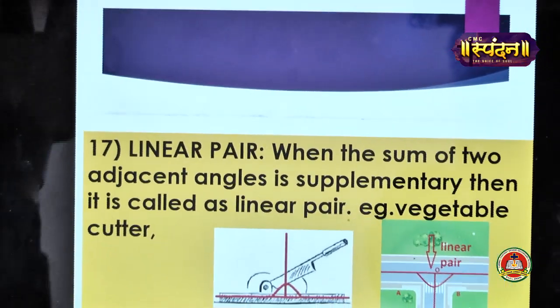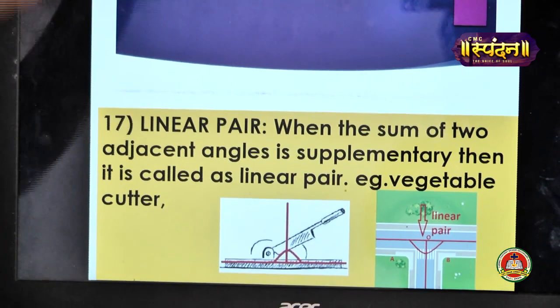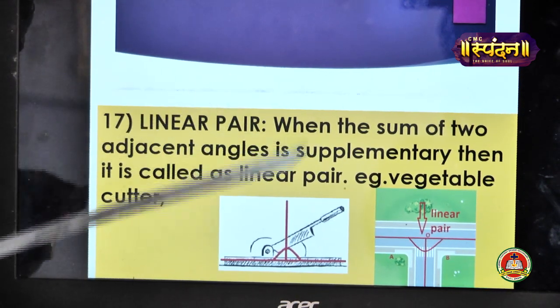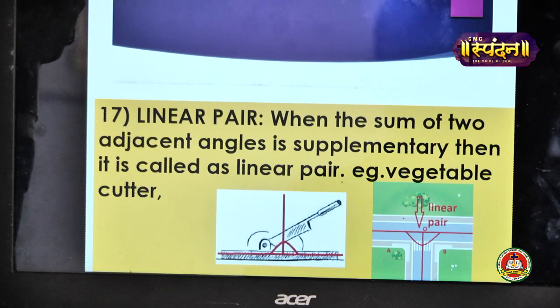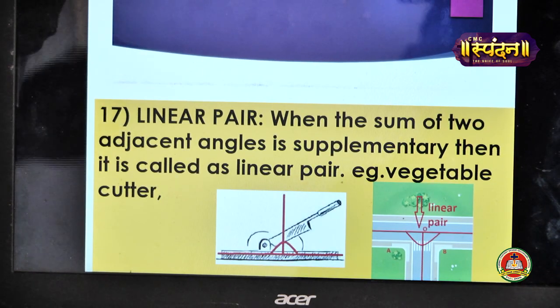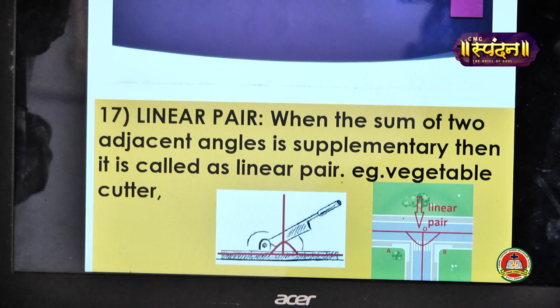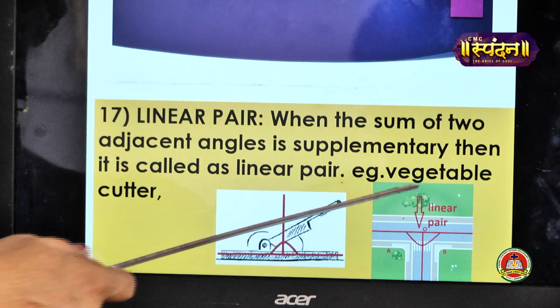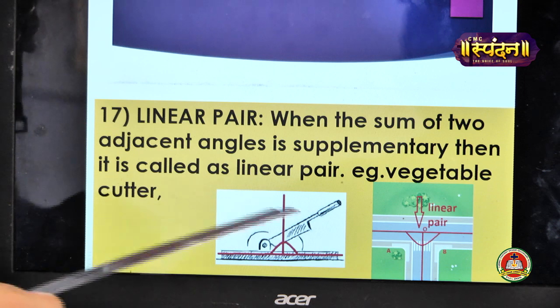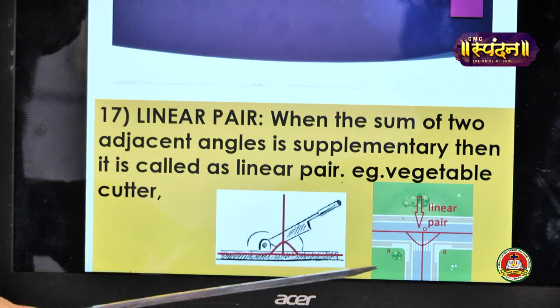Next, coming to linear pair, which is the most important topic of your chapter, lines and angles. You have learned just now adjacent angles. What are adjacent angles? Two angles having the same vertex and sharing one ray also. When the sum of those two adjacent angles is 180 degrees, you call these two angles a linear pair.